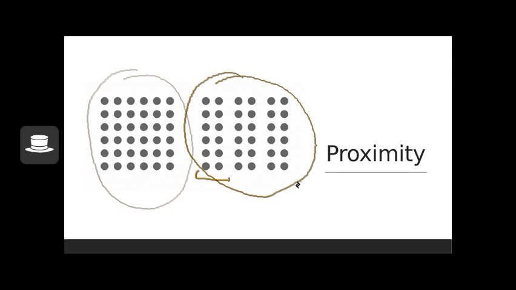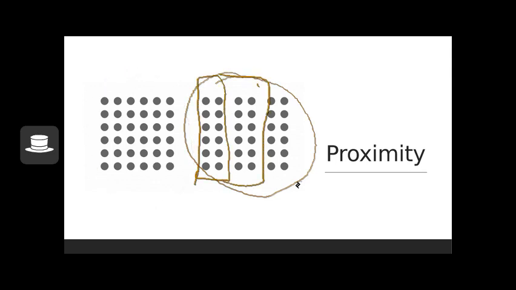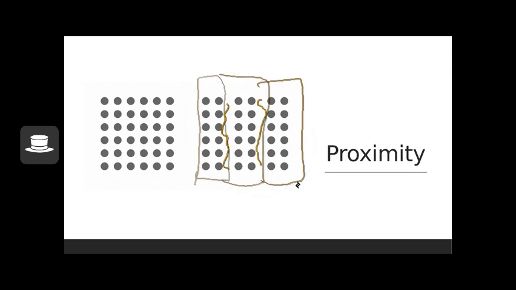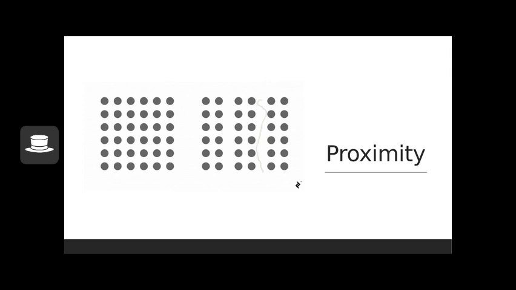But a lot of people are going to see them as separate because of what's called proximity. The fact that there are these little separations between the three groups makes us go, oh, there must be one group and a second group and a third group. So when things are closer together, we tend to naturally group them.